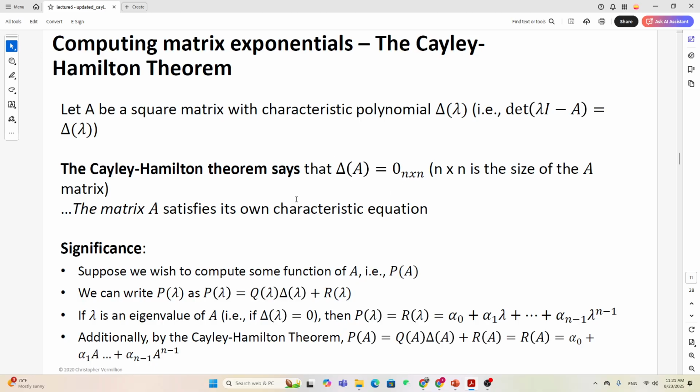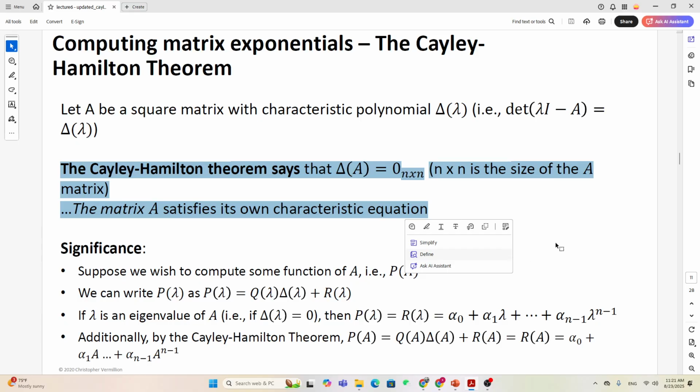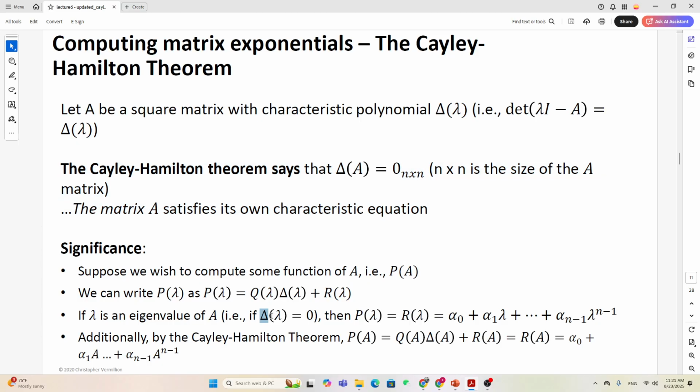So the Cayley-Hamilton theorem says that a matrix A also satisfies its own characteristic equation, which is the one explained here. As we know, this is the characteristic equation for the lambda. When we derive lambda, this term equals 0, right?